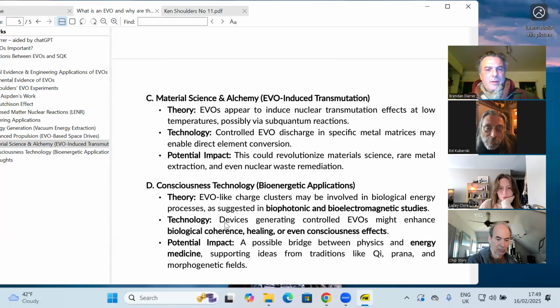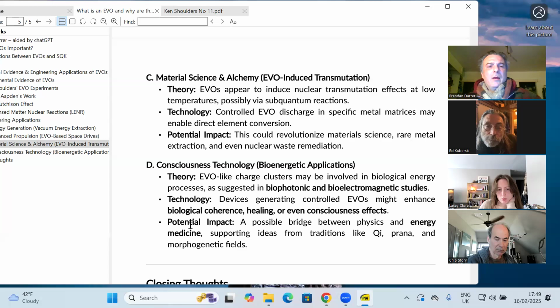Technology: devices generating controlled EVOs might enhance biological coherence, healing, or even consciousness effects. Potential impact: a possible bridge between physics and energy medicine, supporting ideas from traditions like chi, prana, and morphogenetic fields.